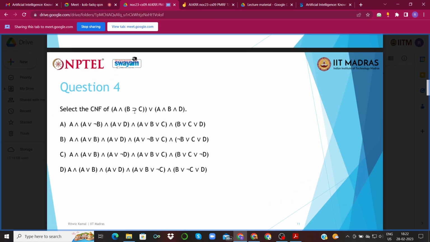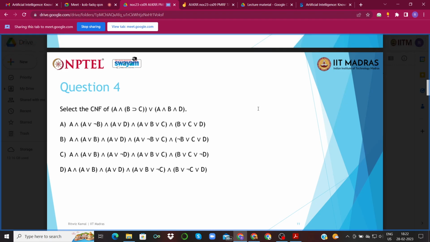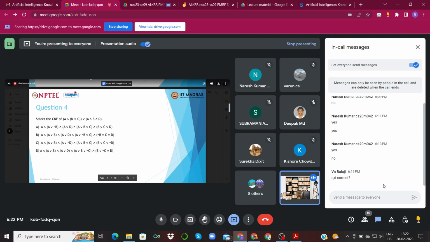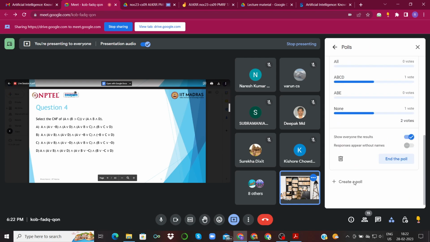So here we are given a formula that is not in CNF, and we have to select the correct CNF representation of this particular formula. This might require a bit of working out on your part, so I'll give you some time. In the meanwhile, I'll create a poll for this question.